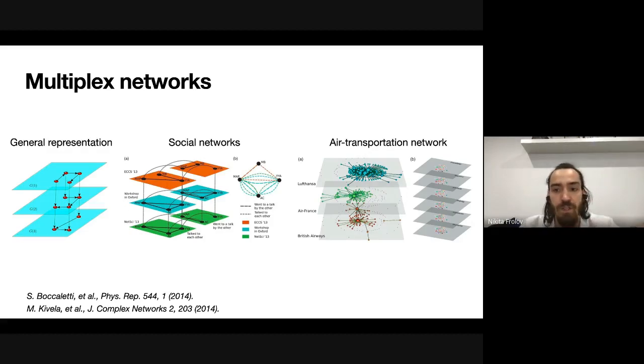In different layers, he can be interconnected with different people, while he can be interconnected with other people on the other layer. Also, it's a good model for air transportation networks and neuronal processes, where each layer represents different brain rhythms.